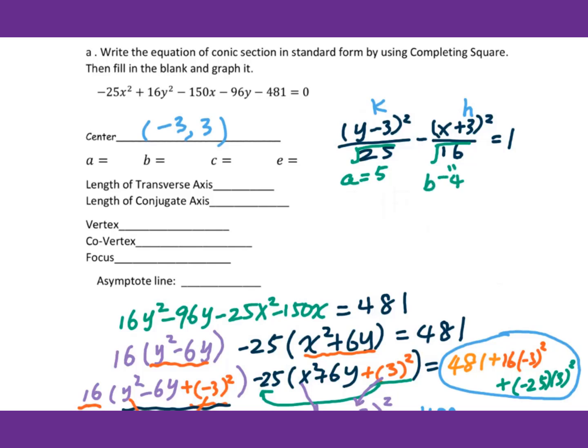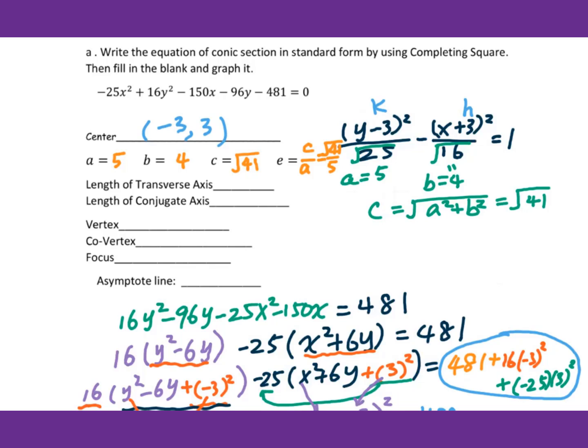That will be b equals 4. And c equals square root of a squared plus b squared. So you will get square root of 41. So a is 5, b is 4, c is square root of 41. e equals c over a, that means square root of 41 over 5.